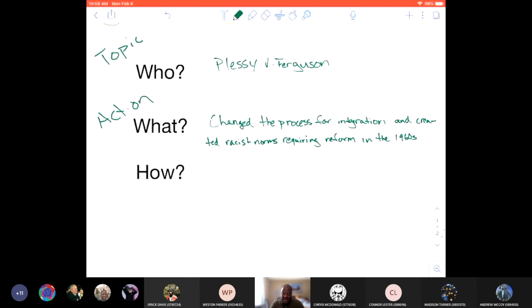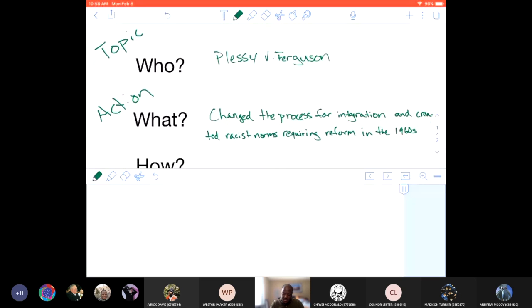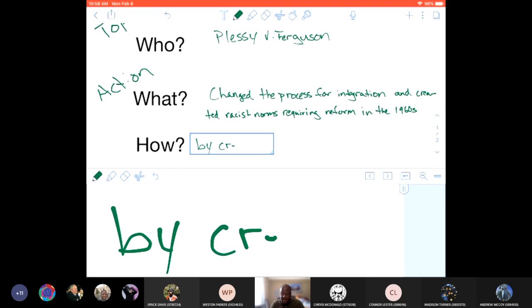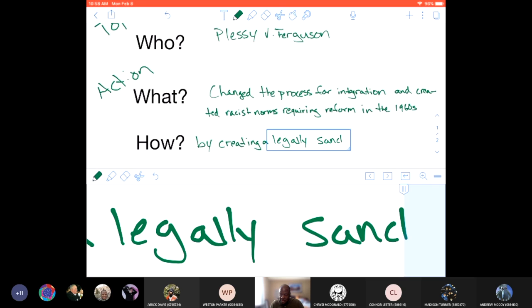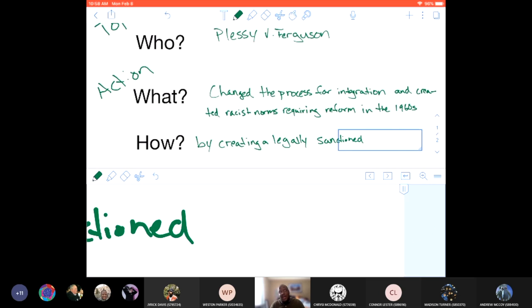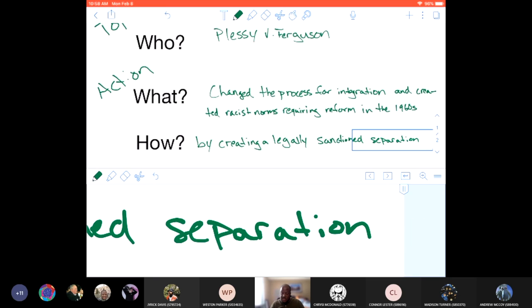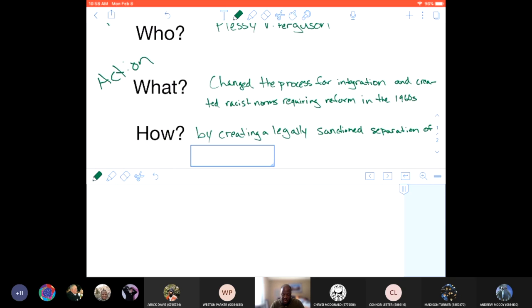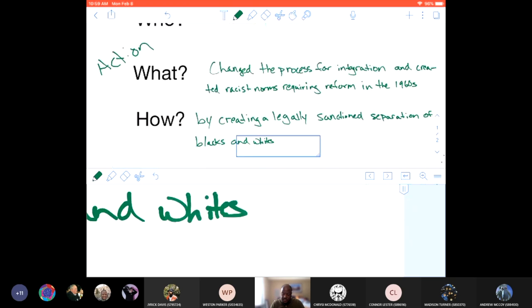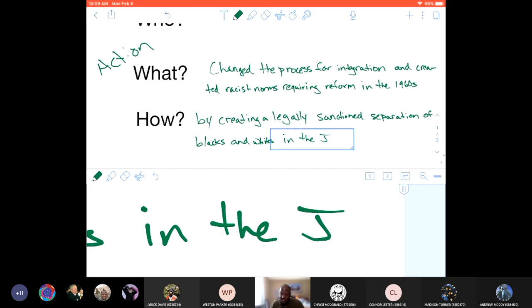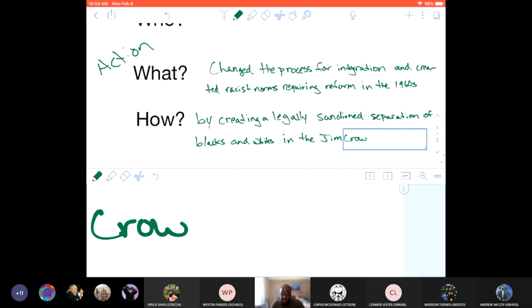And we're going to say by creating a, this is maybe too much, but here we go, legally sanctioned separation of, I don't know, I'm going to say blacks and whites in the Jim Crow South.